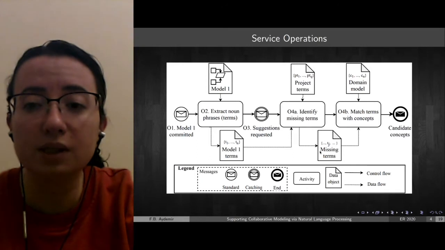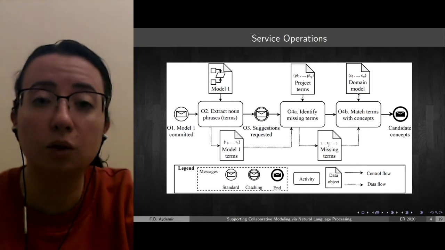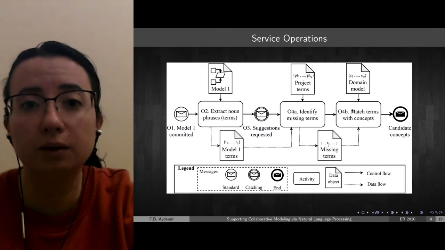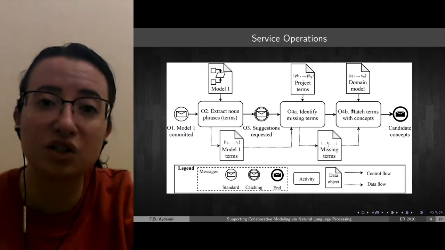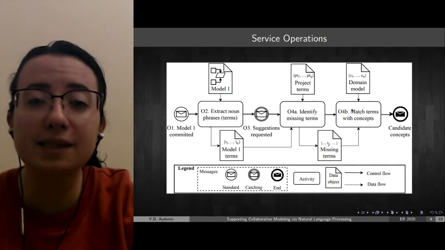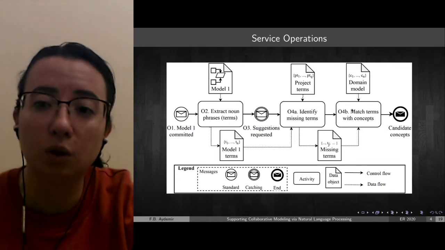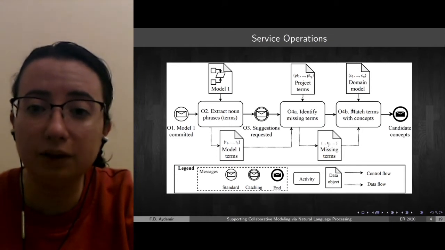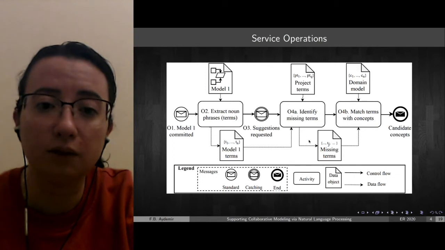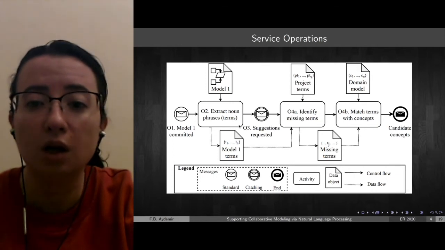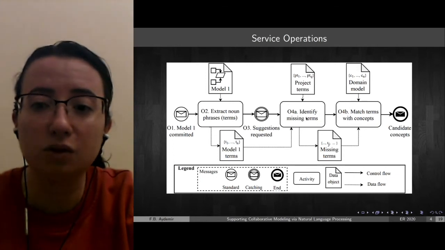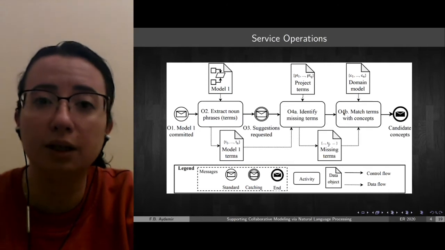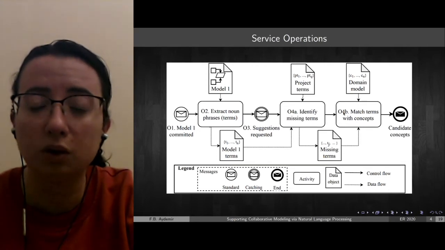With the missing terms at hand and with the domain model, the service finds some matches, tries to find the most suitable suggestions from the domain model, and sends these candidate concepts to the modeler. So we rely heavily on natural language processing for extracting terms, but also identifying missing terms and exploring and finding matching from the domain model.